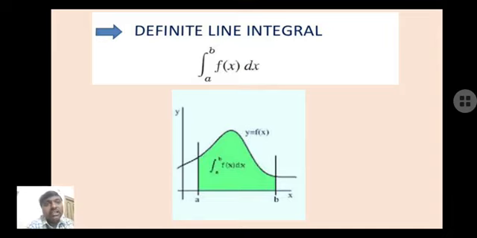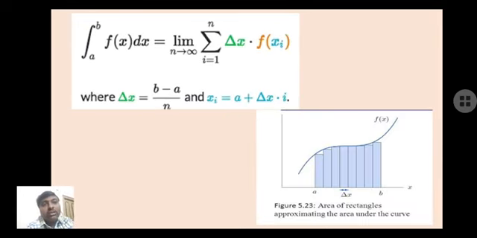In general, the definite integral is calculated in the form of a limiting case. See here, integral a to b f of x dx is equal to limit n tending to infinity summation i is equal to 1 to n delta x into f of xi.